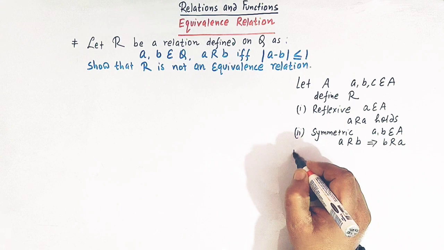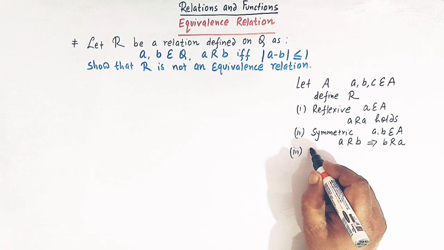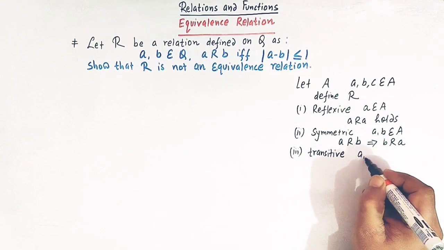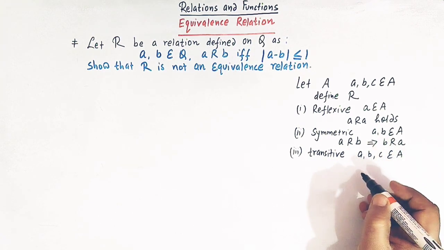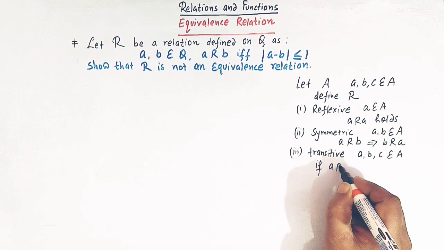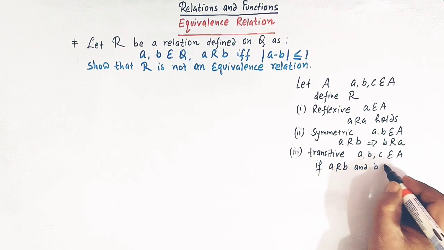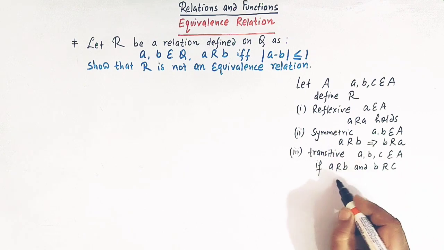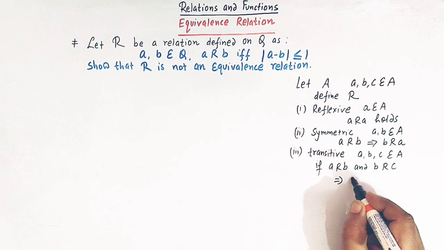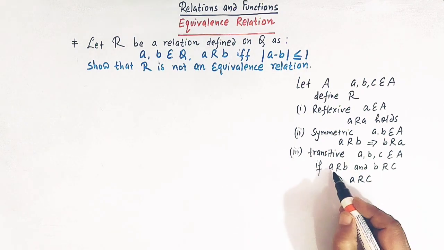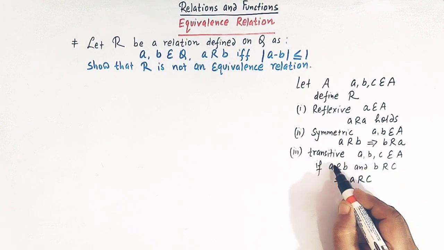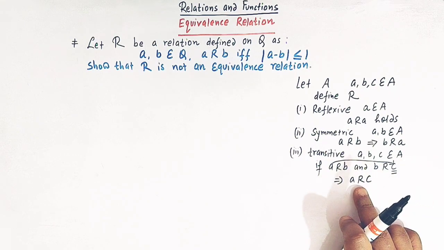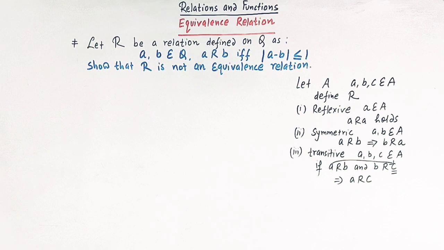And this relation R is said to be transitive if we have three elements, say A, B, and C belonging to the set A, and if we have A related to B and B related to C, and these two imply that A related to C. So if A is related to B and B related to C, then A must be related to C. When this happens, the relation R is said to be transitive.